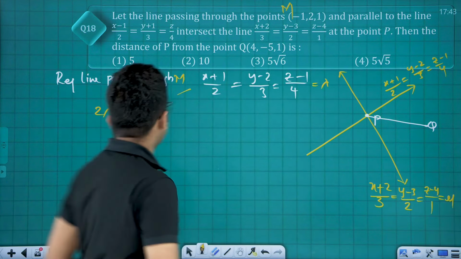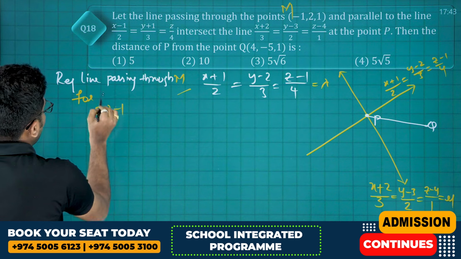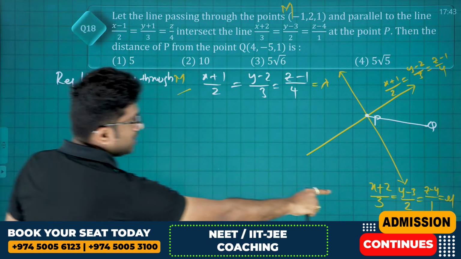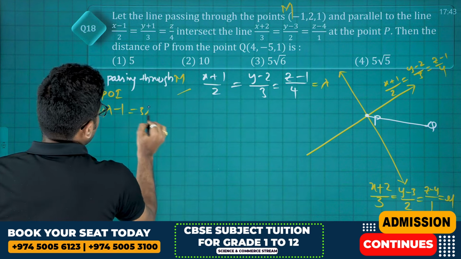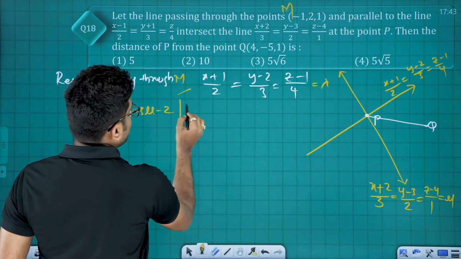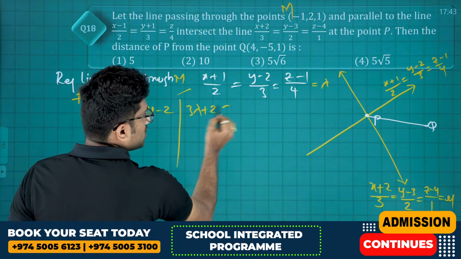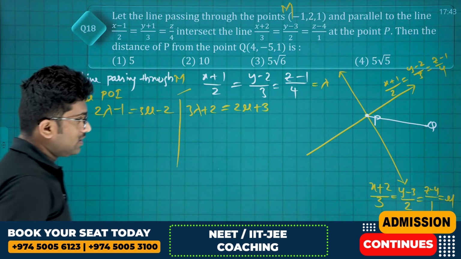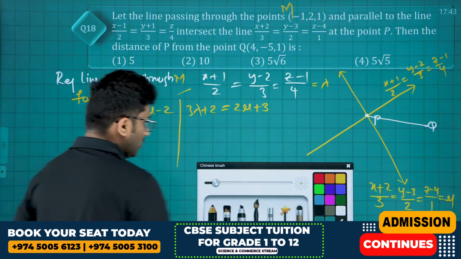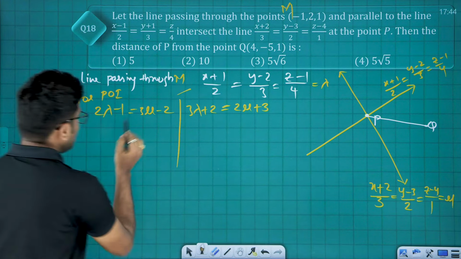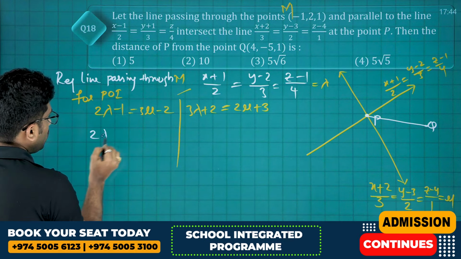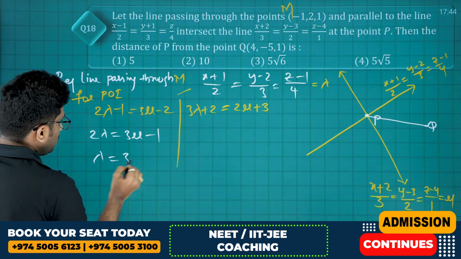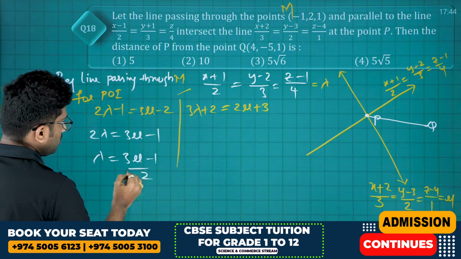For the point of intersection, we equate the coordinates. 2 lambda minus 1 should be equal to 3 mu minus 2, and 3 lambda plus 2 is equal to 2 mu plus 3. Now if I equate these two, 2 lambda is equal to 3 mu minus 1, so lambda is equal to (3 mu minus 1) divided by 2.